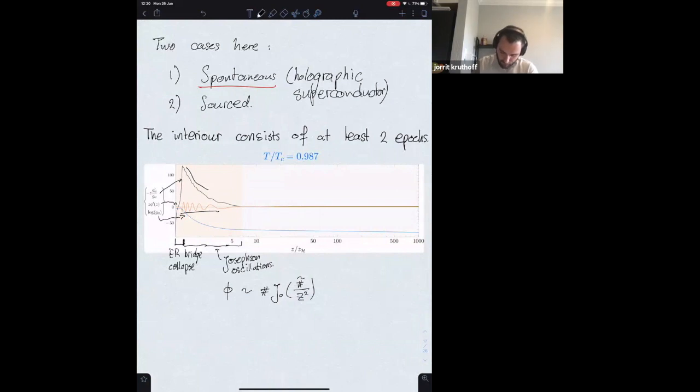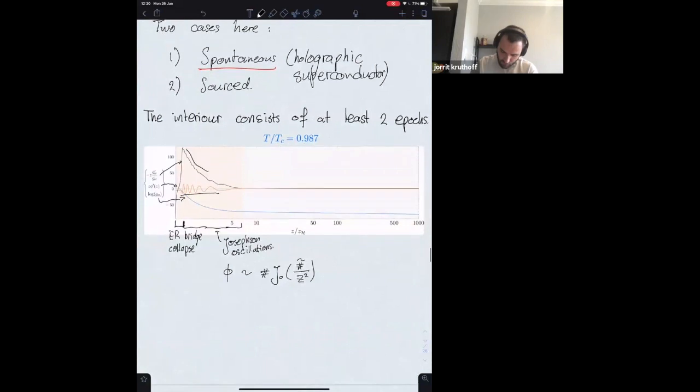And so the scalar field has these oscillations of Bessel type. And when the argument of the Bessel function becomes small, or when z is becoming large, so z much bigger than 1, the small argument expansion of the Bessel function is a logarithm.